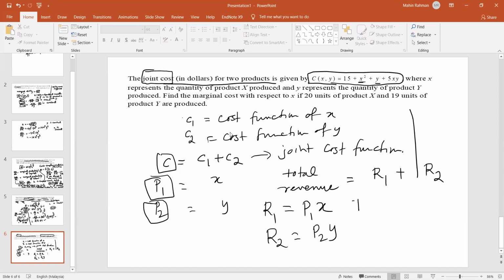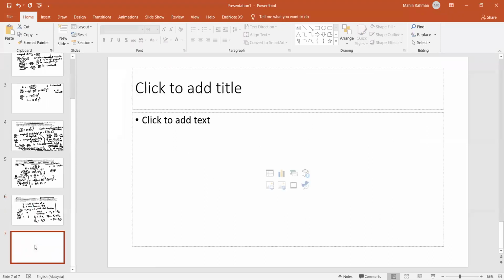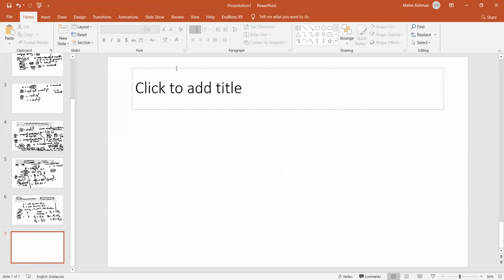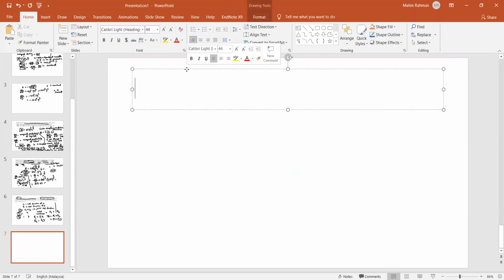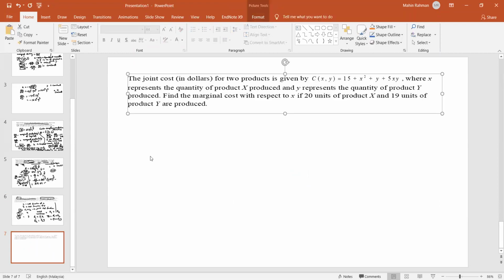So the total revenue TR is R1 plus R2, where R1 is P1X and R2 is P2Y. Sometimes you are not given the joint revenue or joint cost function, you will be given them separately, so don't get confused. You have to add and get the total cost function or total revenue function. Now let us do this exercise.